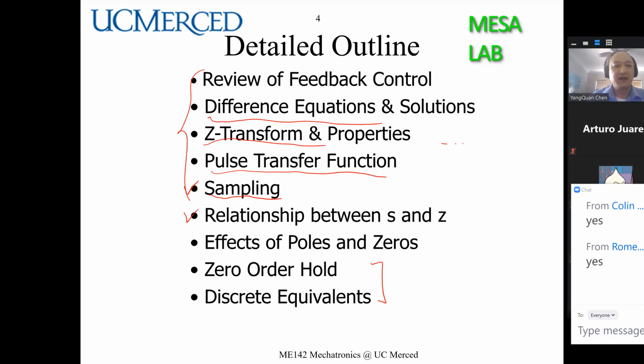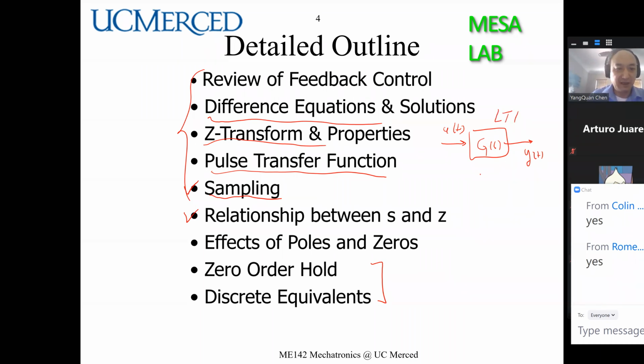Another thing is regarding the transfer function. Remember, you have a signal going through a system, then you have y of t. This is an LTI system, linear time invariant, and its impulse response is g of t, which is the inverse Laplace transform of G of s.